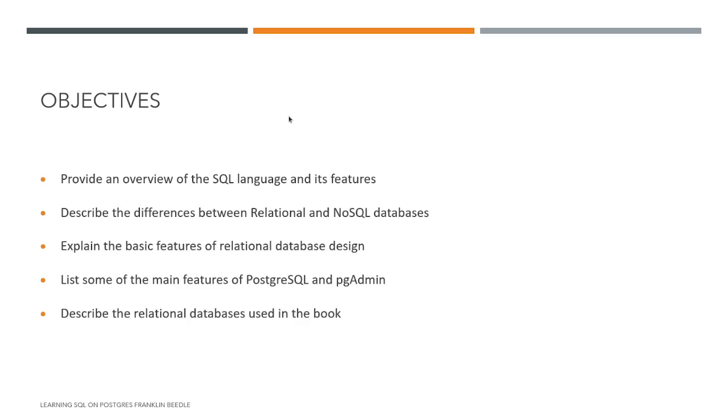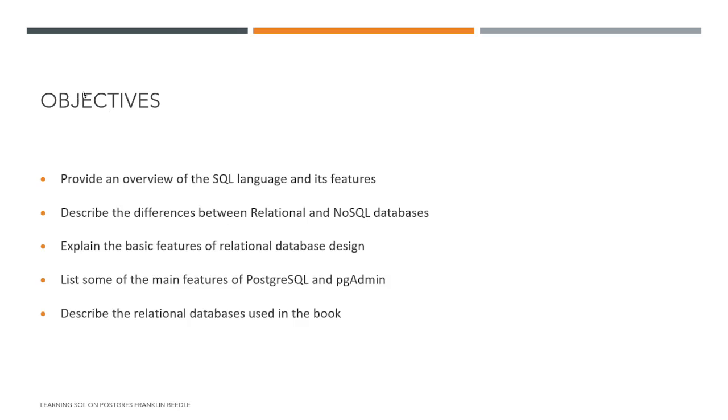I'm not going to do all of those in this video. I will describe SQL very briefly, and I will talk a little bit about PostgreSQL and PGAdmin, and I will show you how to get and install and maneuver through the databases used in this book.